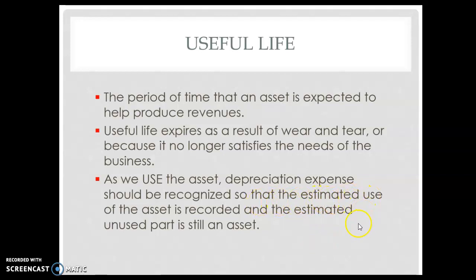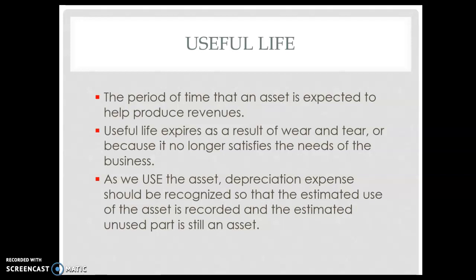The estimated use is what we're using. So in other words, if I'm using a piece of equipment a lot one month and a little the next month, I don't have to figure out, oh gosh, I used it more this month, therefore I should show more depreciation expense, which is kind of like we do with supplies and prepaid insurance.